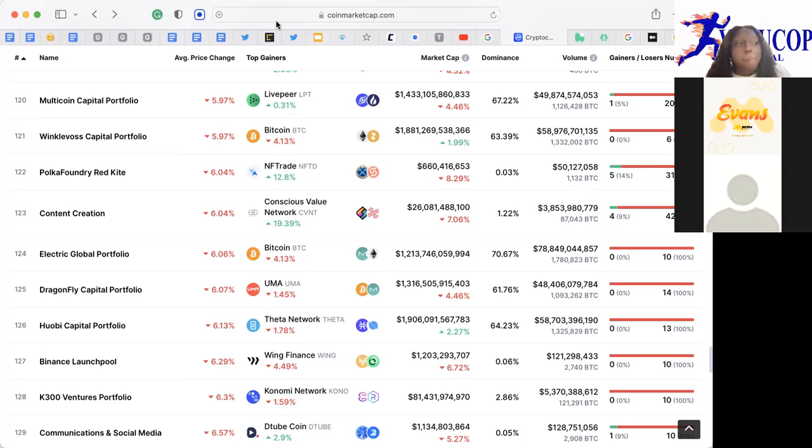The platforms that build these things, that build metaverse and games, will last longer than those coins.